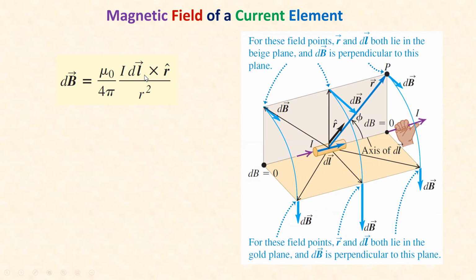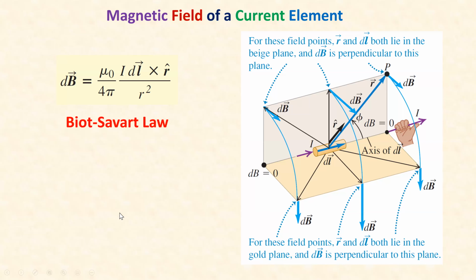I showed you how they are equivalent: I is Q over T, v is dL over T. So it depends on whether you look at Q divided by T or dL divided by T, which is the velocity, so you can write it in two different ways. This is called Biot-Savart's law.